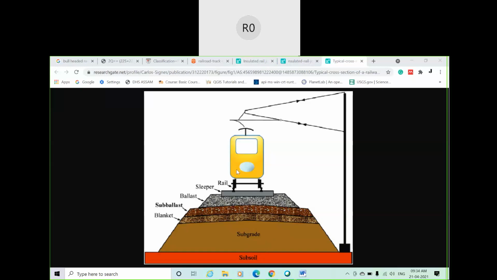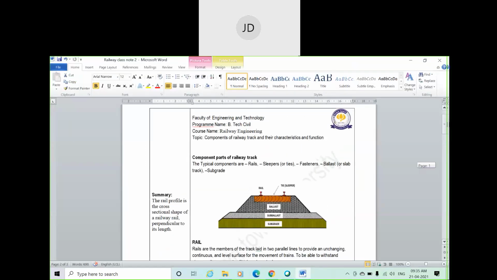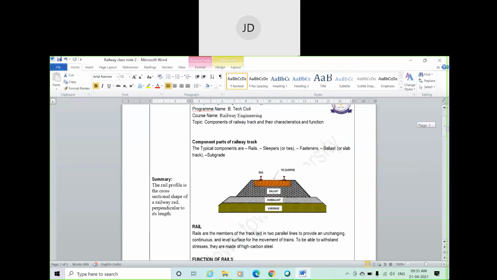So for today, we're going to discuss only the rail part, that means the rail along which the train moves along a track. Can you see this? So basically we're going to discuss only the rail part.